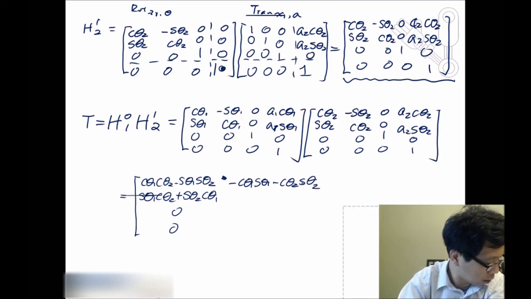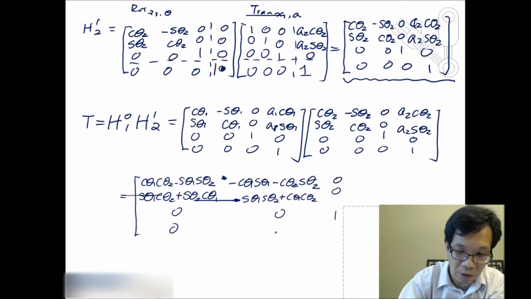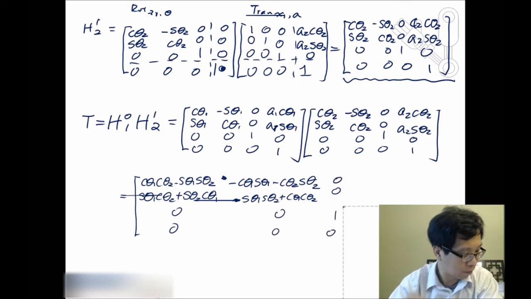Am I doing right? And this one is going to be negative sine theta 1, sine theta 2, plus cosine theta 1, cosine theta 2, and we have 0, 0, 1, 0, 0, 0.